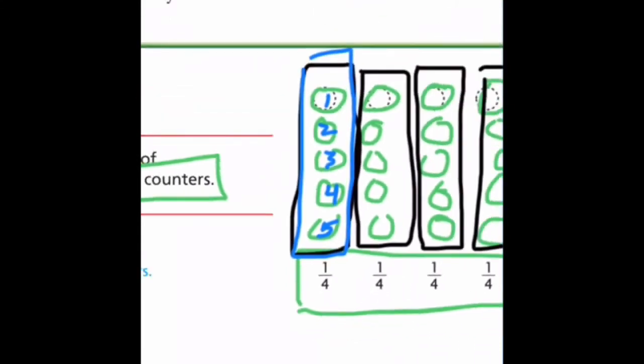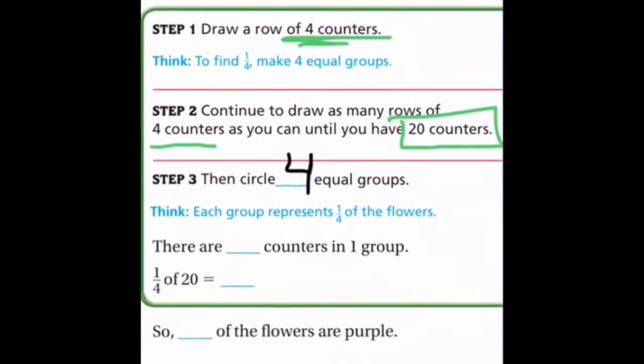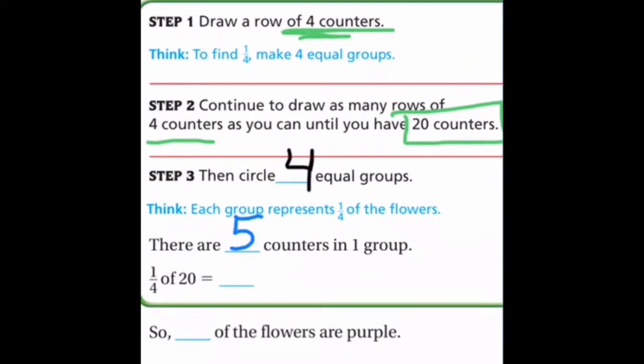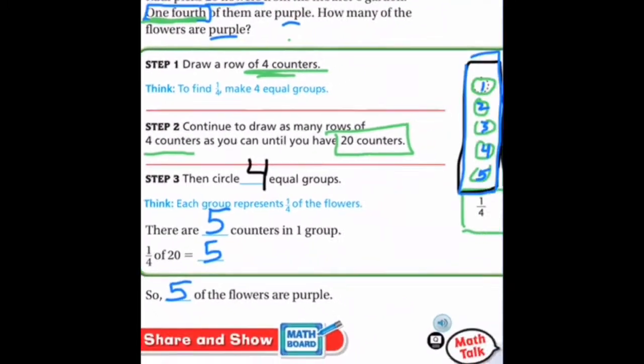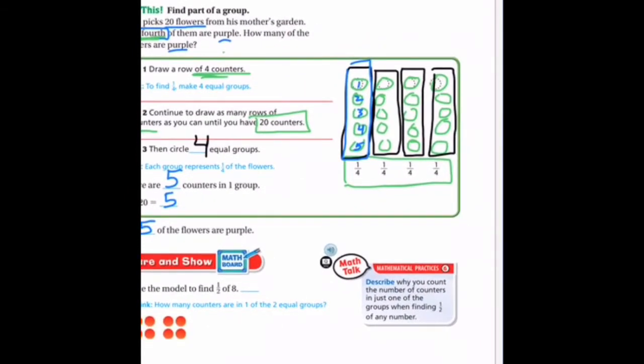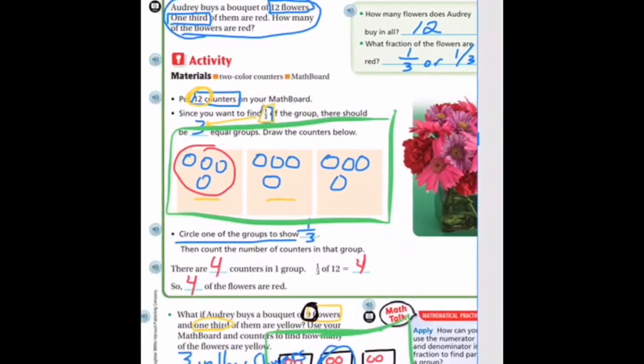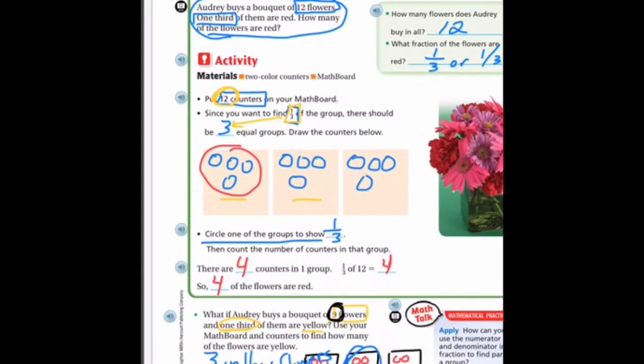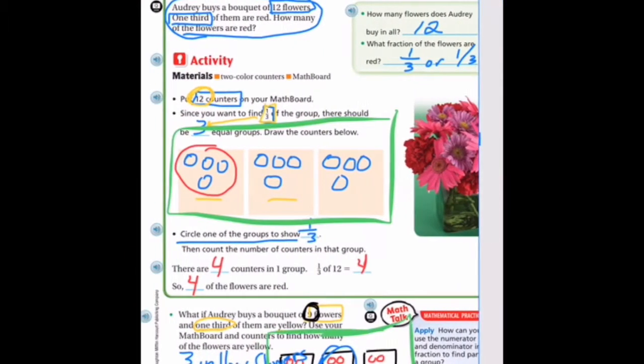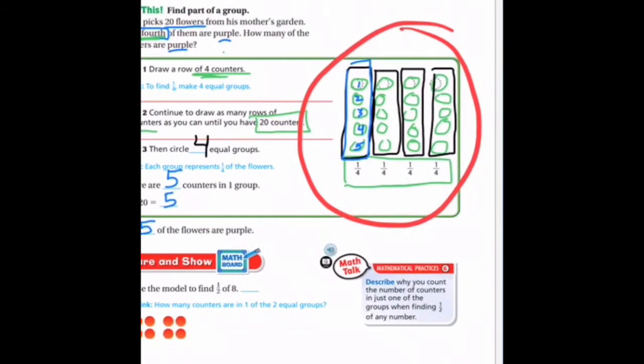I have 5 in the group. So there are 5 counters in one group. 1/4 of 20 equals 5. So 5 of our flowers are purple. You can use this strategy, or you can use the strategy on the first page. Whatever works better for you.